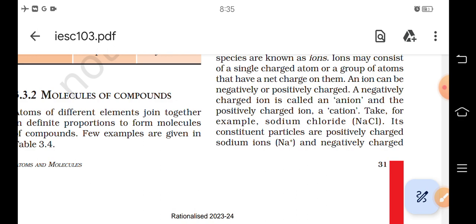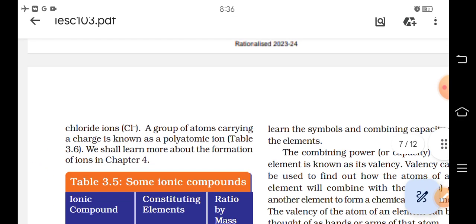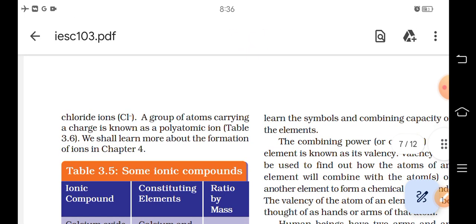A negatively charged ion is called an anion, and a positively charged ion a cation. Take for example sodium chloride, NaCl. Its constituent particles are positively charged sodium ions and negatively charged chloride ions. A group of atoms carrying a charge is known as a polyatomic ion.